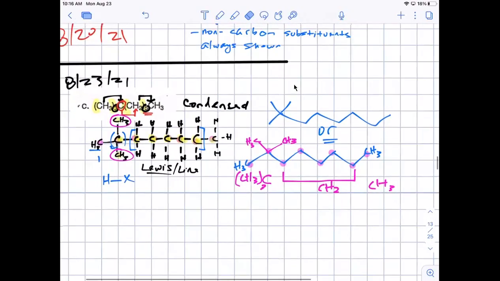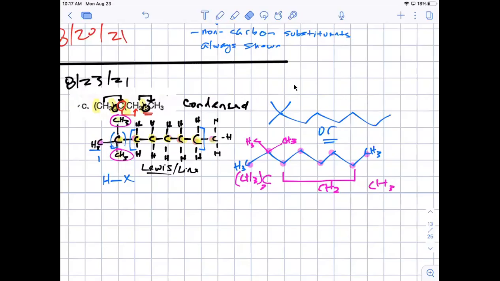So for the 5 carbons, since we didn't draw the hydrogens, it's understood that they're already there, right? Yes. Everywhere you see a vertex where two lines come together, it's understood to be a CH2, unless you have another atom or atoms or a group of atoms attached, like on the end with the two CH3s.